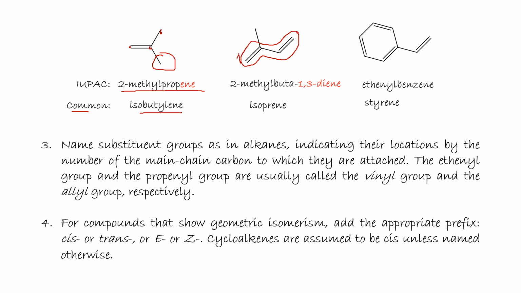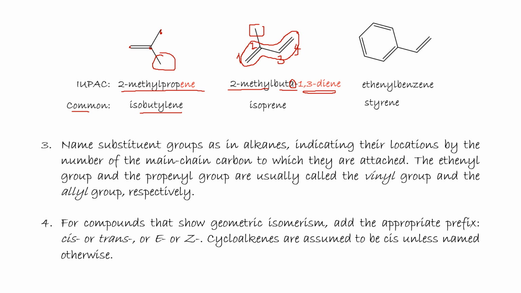That's 1, 2, 3, 4. So on 2 you have methyl. That's 2-methylbuta-1,3-diene. When you use diene, triene, keep the "a" in the name: buta.